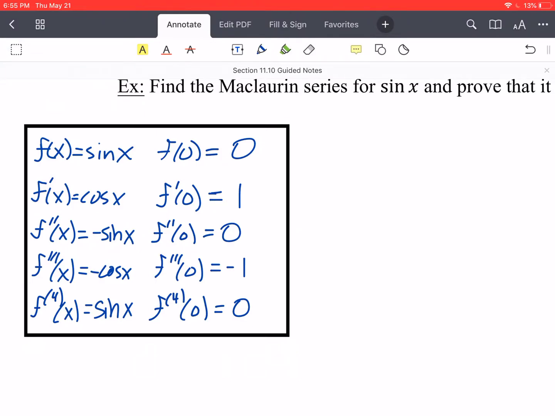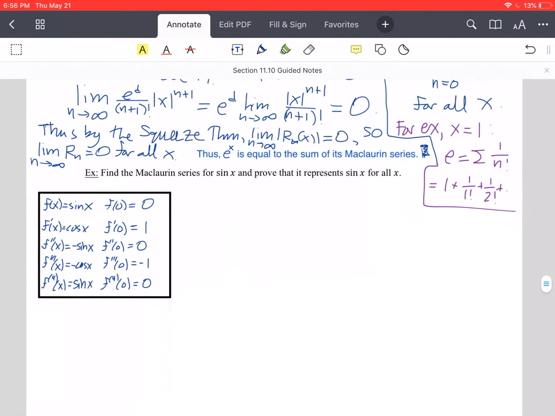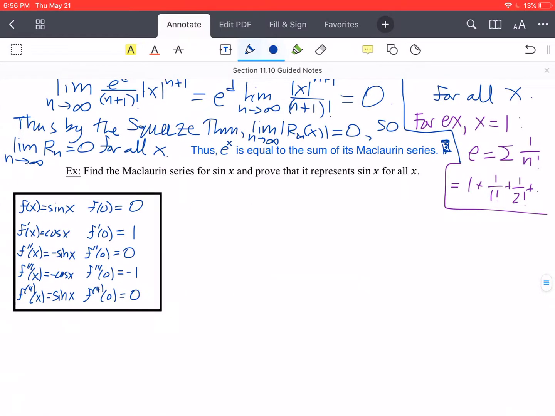So when we set up the Maclaurin series, we're going to have f of 0 plus f prime of 0 over 1 factorial times x, because a is 0, so it's not x minus a anymore.